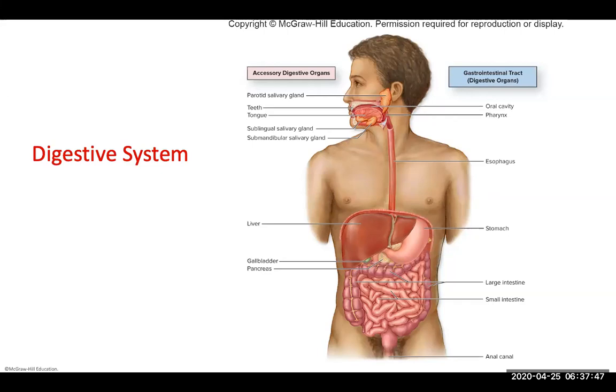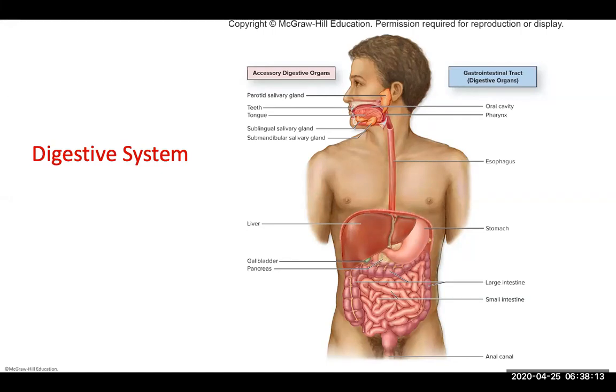So if we look at the GI tract itself, the digestive system starts in the oral cavity, and then food heads down the pharynx, which is your throat, down to the esophagus, down to your stomach, down to your small intestine, into your large intestine, and then out to your rectum and anal canal. So this GI tract is all connected as one long tube.